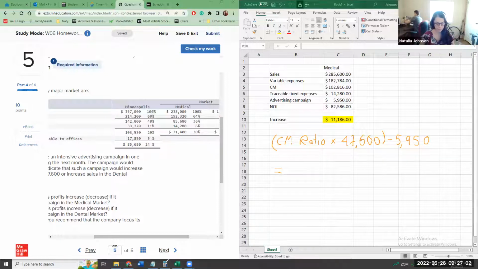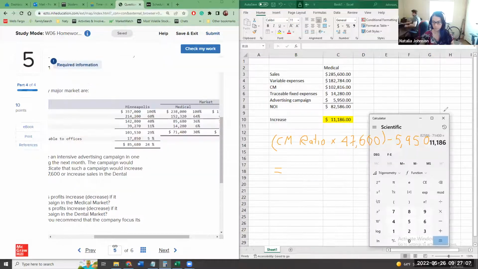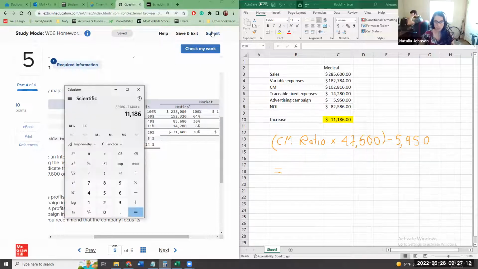So let's see. Going to move the calculator here. Okay, so the contribution margin ratio will stay the same. So for this case, we have 36%. So 0.36 times 47,600 minus 5,950.